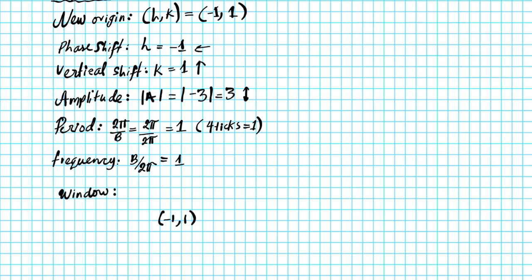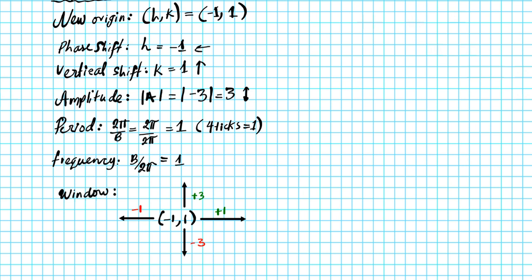Alright, so up and down, we're going to add the amplitude, and subtract, and then the period side to side, so we can know exactly how to capture the key parts of our graph. So amplitude is 3, so we're going to add 3 and subtract 3. And then for the period, we're going to add 1 and subtract 1.